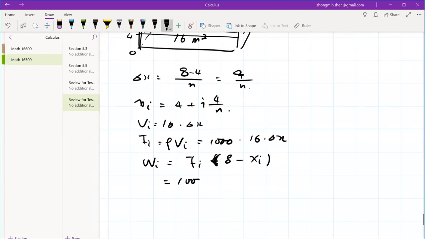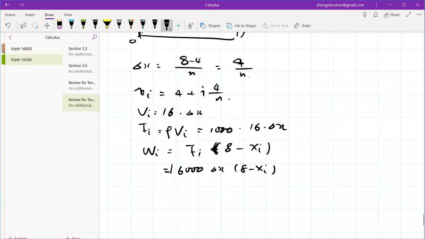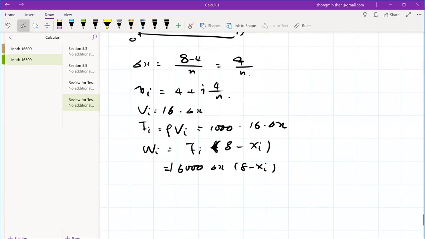So that's going to be 16. Yeah, the base area is given. I don't know the dimension of the base, but it's a rectangle. Okay, so that's it.